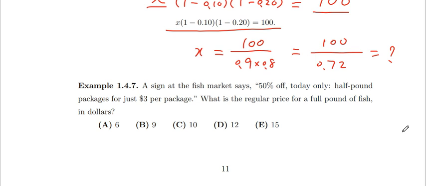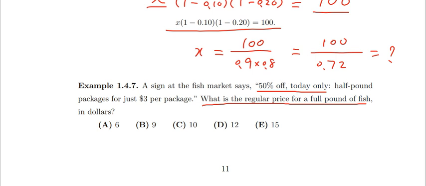So now let's consider this problem. Question: what is the regular price for the 4 pound of fish? Regular price means the original price. Let's say a sign at the fish market says 50% off today.